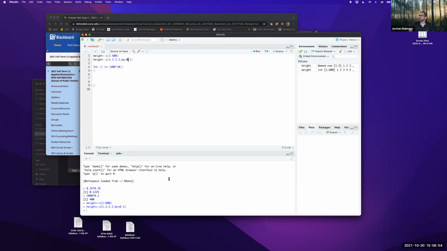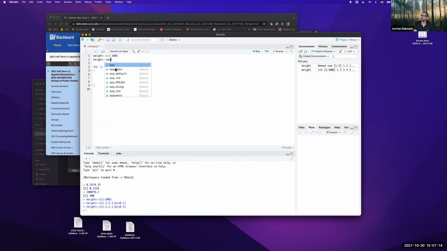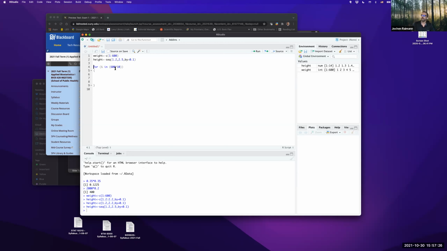It should be, wait, hold on, no, that was actually not good. Why did this not work? Hold on. That's a sequence. 0.1.2, 2.5, 5, 2.1. Ah, that worked.